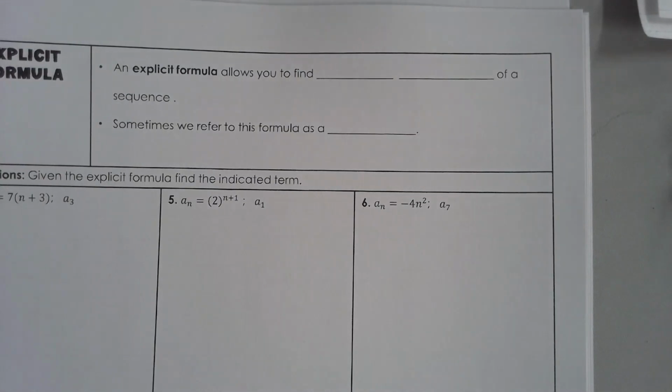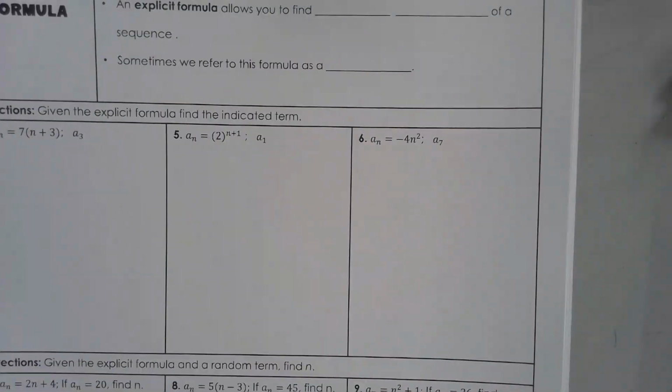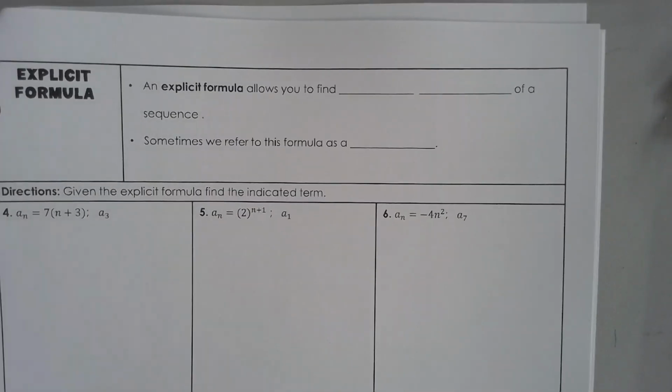Now, every pattern has a formula that goes with it. So I could write all of those 3 that we saw in 1, 2, and 3. I could come up with a formula that helps you find any of those. You're going to be doing that later on. But for right now, I'm going to be giving that formula to you.